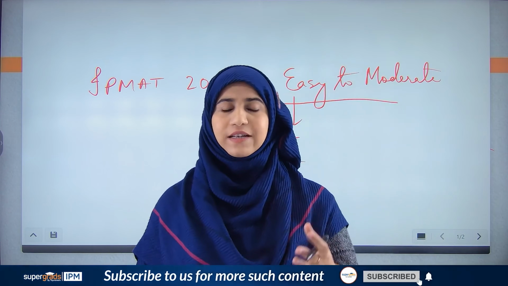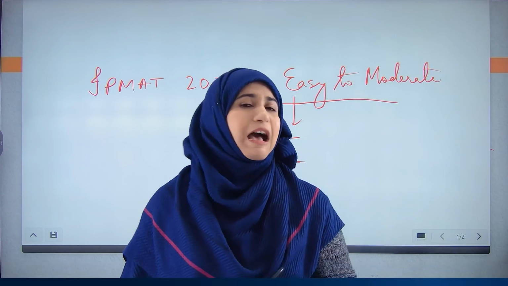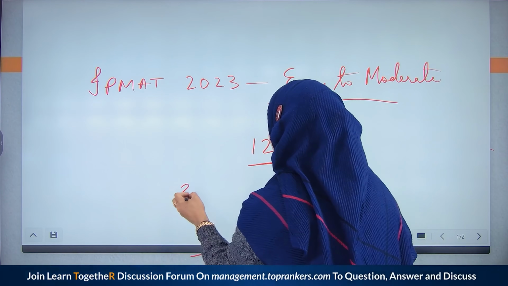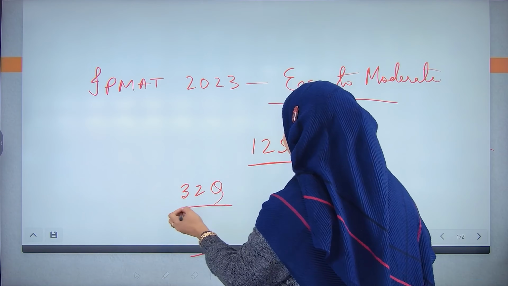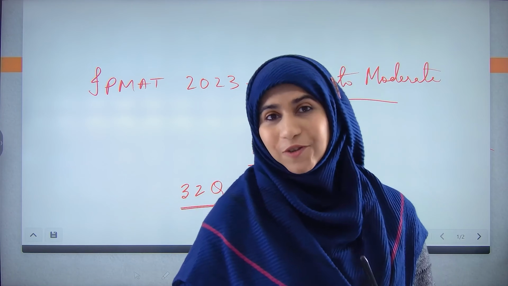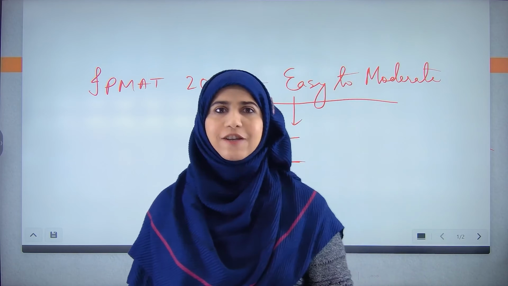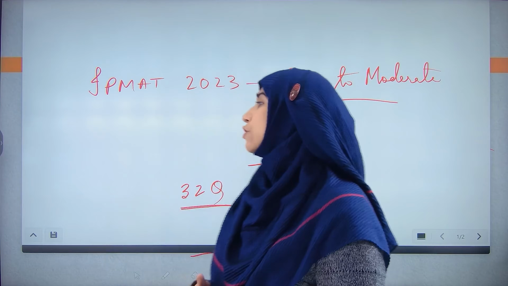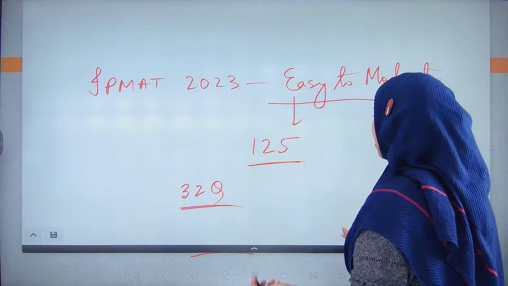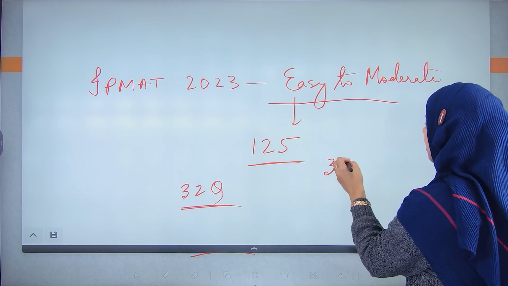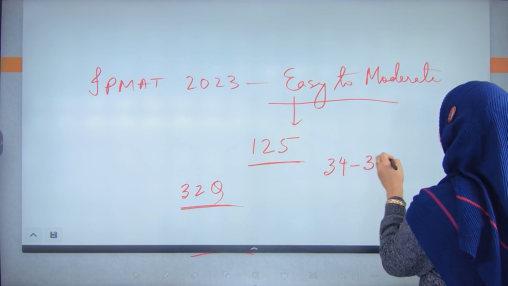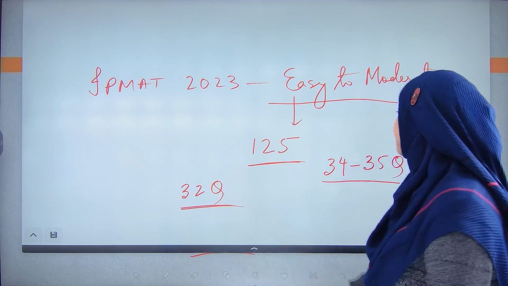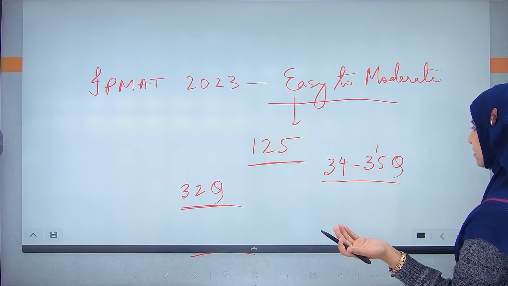So to score 125 marks, how many questions should one attempt? Definitely, somewhere around 32 questions, correct? But then we also have to account for the negative marking. Right? In English, you can't be 100% accurate. You're bound to stumble at some place or other. So obviously, keeping in mind the negative marking, I think you can be safe if you attempt 34 to 35 questions correctly. Playing it safe, if one has attempted 35 questions, right?